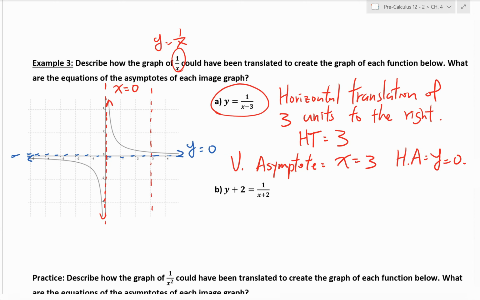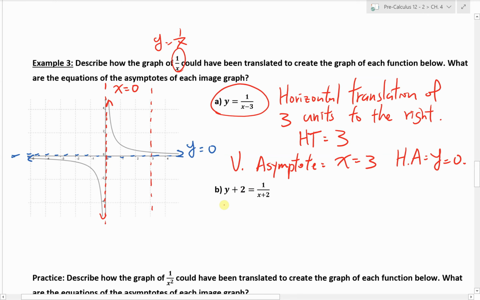So this is a little bit tricky because 1 over x plus 2, that's not a problem. I think we know how to deal with that. But this time it's y plus 2. Well, this doesn't really look like what we've done before because it's always at the end of the equation, right? This time it's not, but that's easy. We can just simply move this plus 2 to the right.